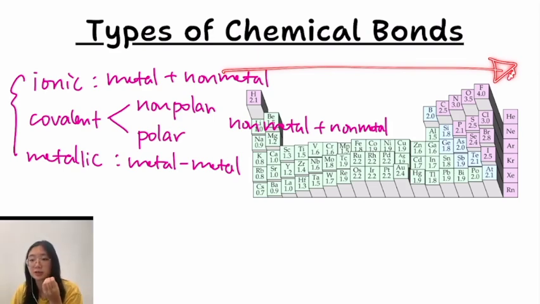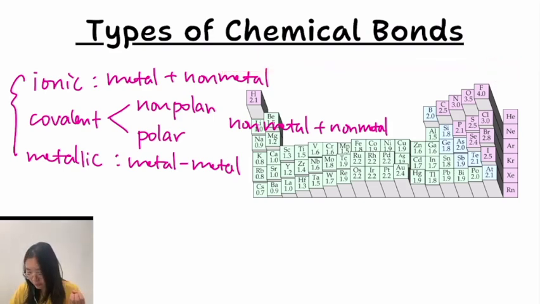They drag the electrons strongly. When you go from top to bottom, electronegativity usually decreases because the energy level or shell increases, so the nucleus cannot apply that strong attraction toward the shared electrons. So for ionic bonds, usually the electronegativity difference between two atoms is pretty big.